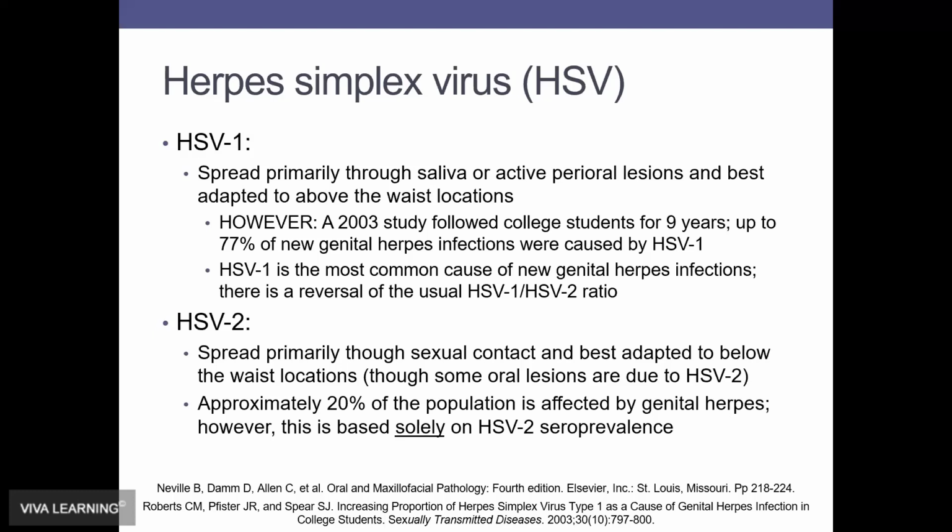The lesions are the same. Type 1 and type 2 can go wherever they want. It's just that type 1 prefers above the waist and is now the predominant virus. And this virus is pretty ubiquitous. Almost everyone has been infected with herpes simplex virus, regardless of whether they've ever had a lesion or not.